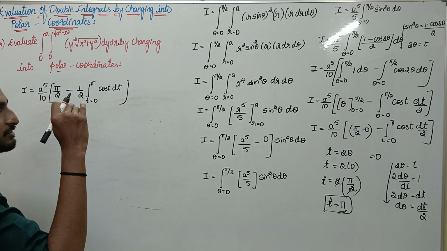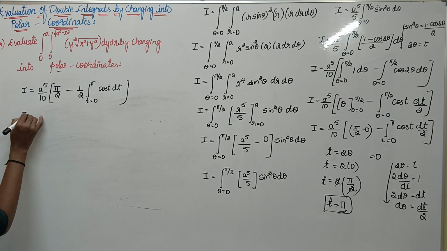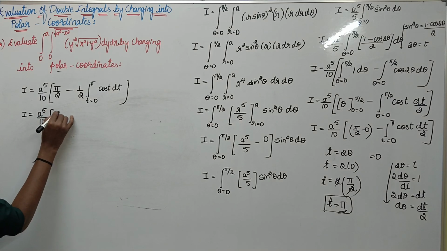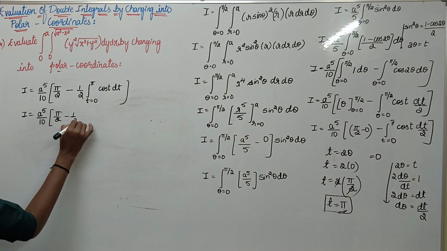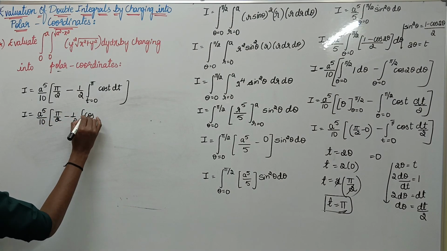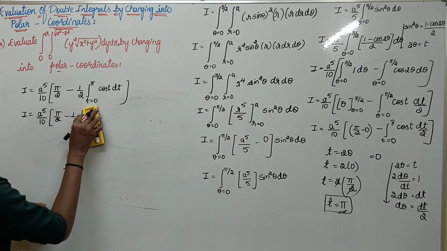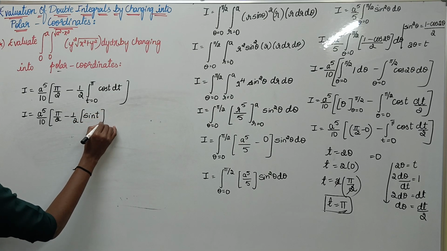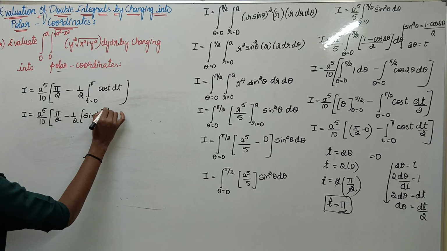Now I can integrate very easily. I is equal to a power of 5 by 10 into pi by 2 minus 1 by 2 into, integration of cos t is sin t, with the limit varying from 0 to pi.